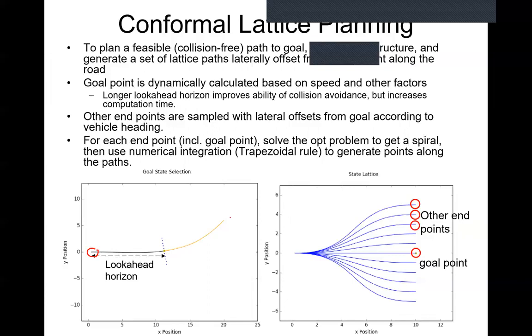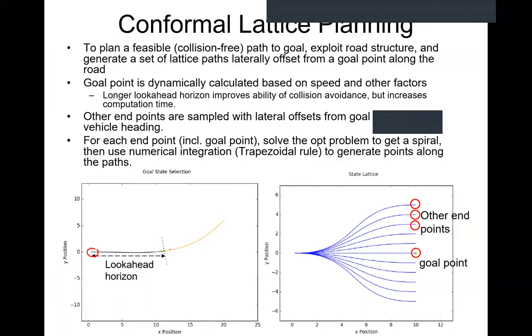To plan a feasible collision-free path to the goal, you exploit the road structure and generate a set of lattice paths laterally offset from a goal point along the road. The goal point is dynamically calculated based on the speed and other factors.